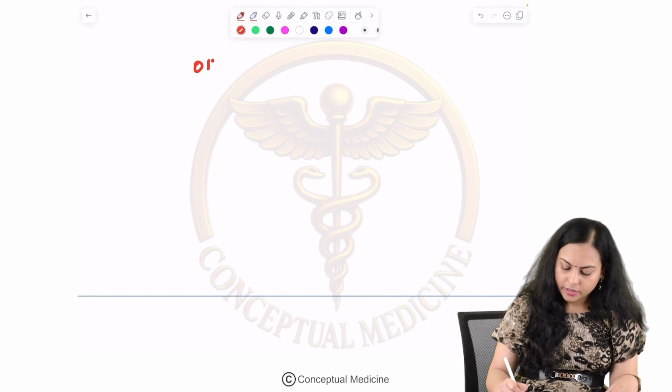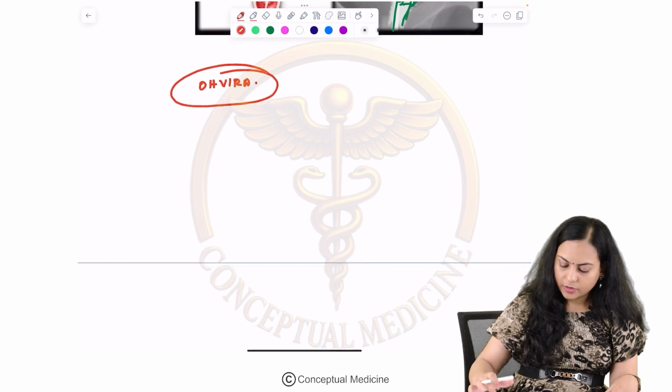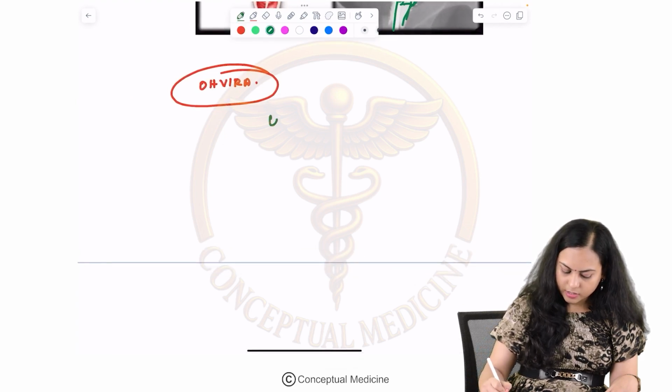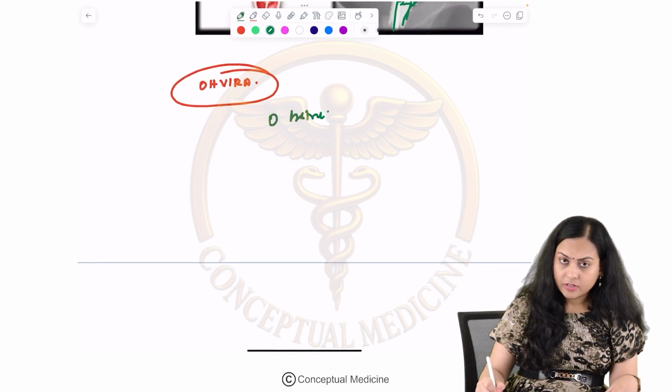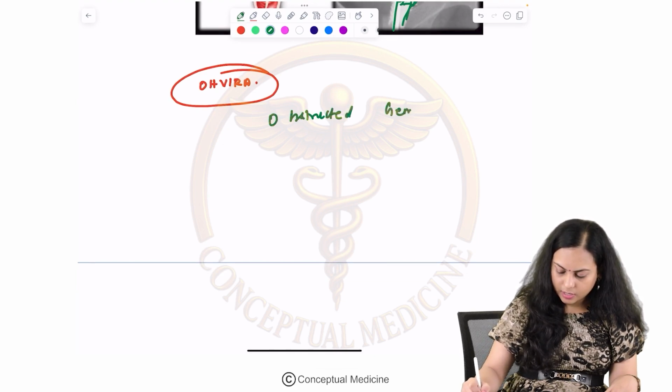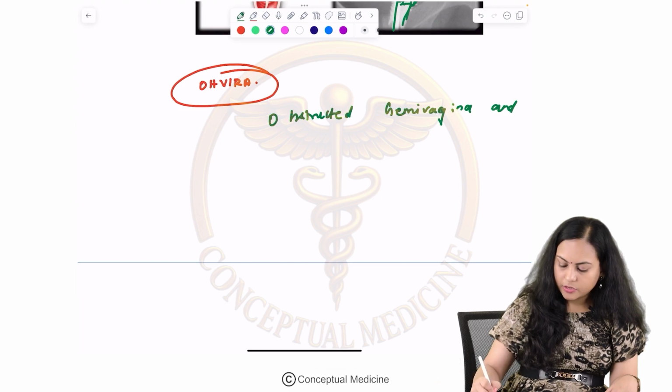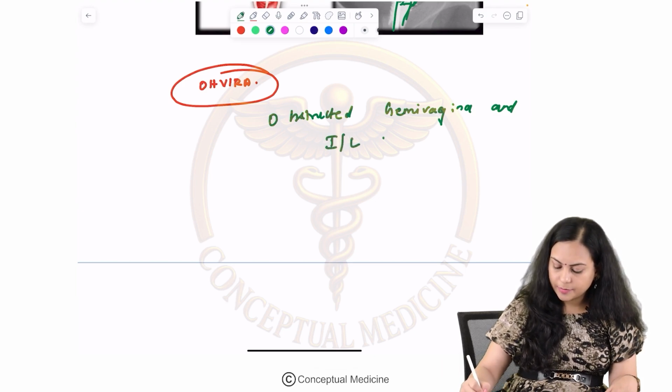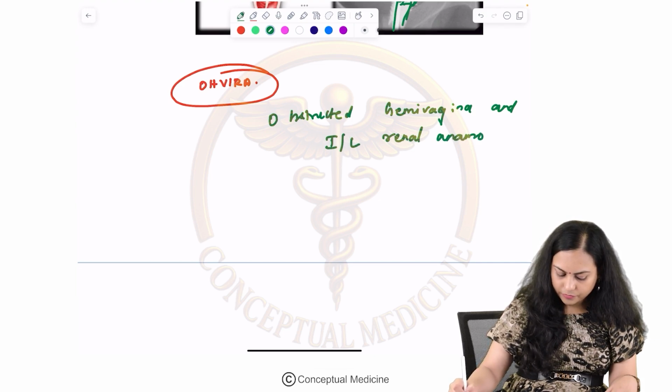Now, there is something called OHVIRA. So what is OHVIRA? This is obstructed hemivagina, and you will also have an associated ipsilateral renal anomaly.